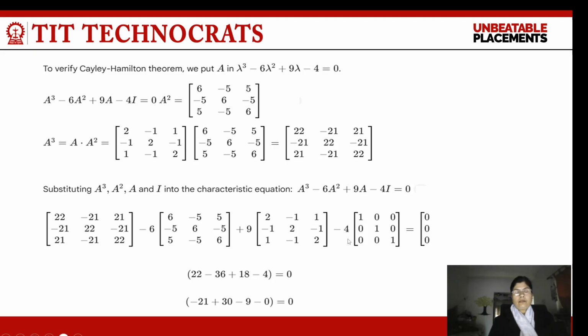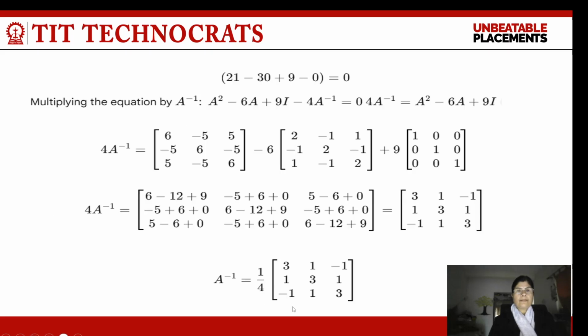After solving the above equation, we get 22 minus 36 plus 18 minus 4 is equal to 0, or minus 21 plus 30 minus 9 minus 0 is equal to 0. So Cayley-Hamilton theorem is verified because left hand side is equal to right hand side.